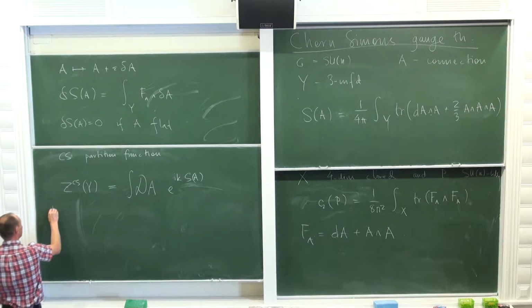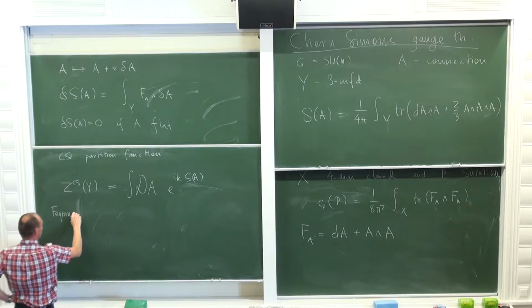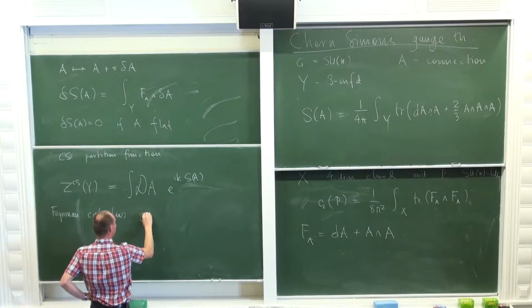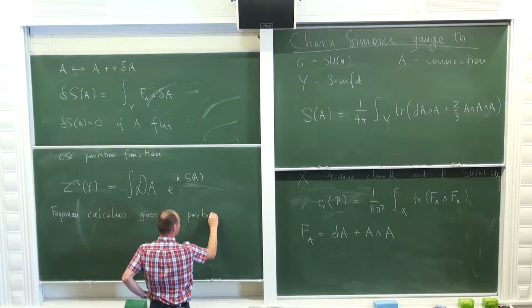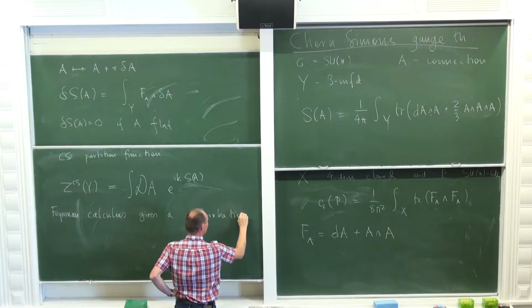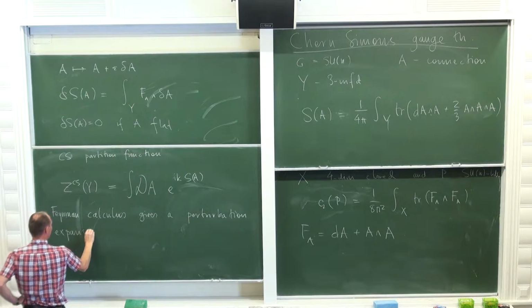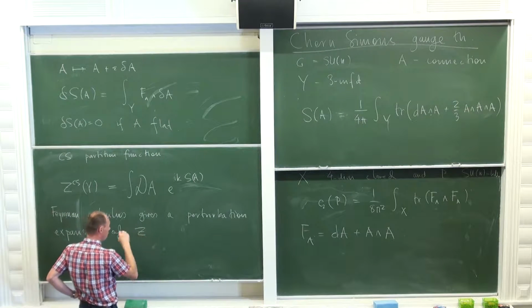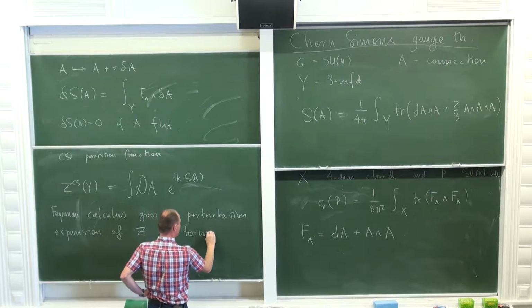So Feynman calculus gives the perturbation expansion of this thing in terms of 1 over k.